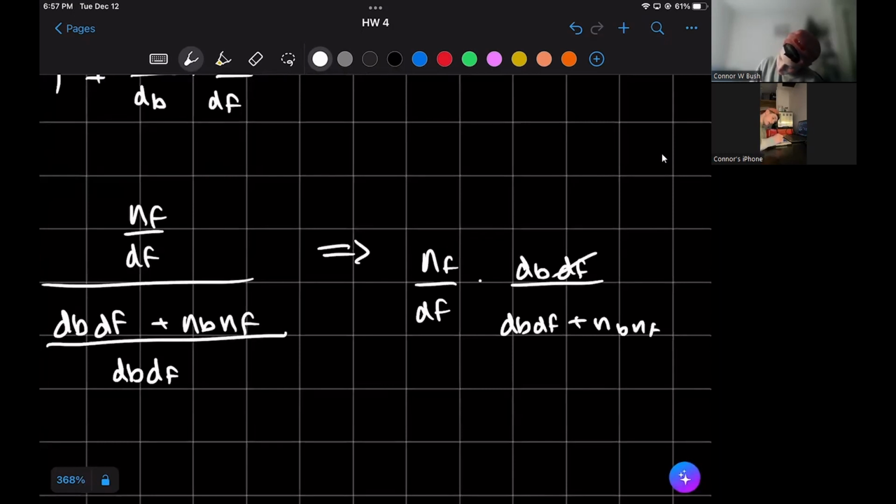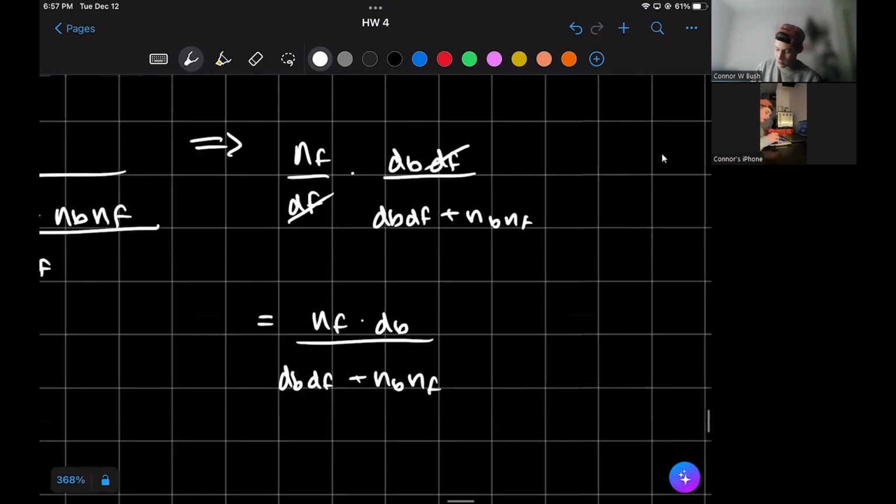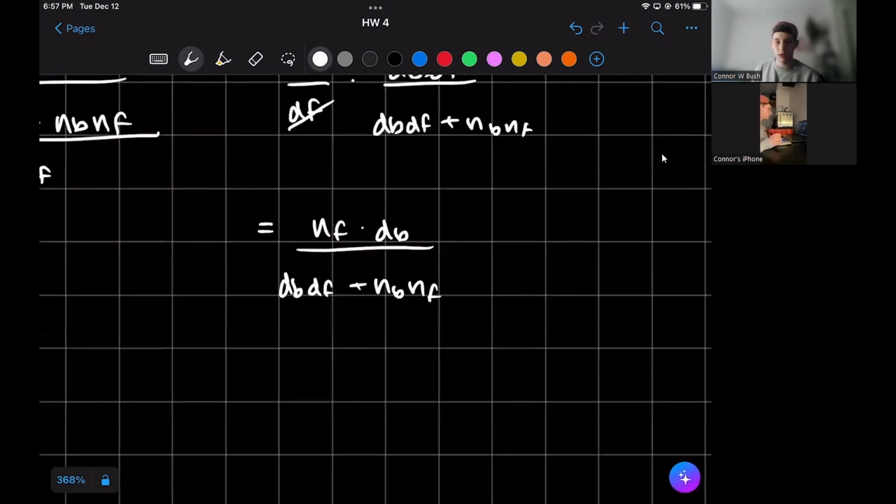You can see these terms cancel, and then we're left with NF times DB divided by DB DF plus NB NF. And this is how the transfer function is going to look in Python once we get back into there, which we will do right now.